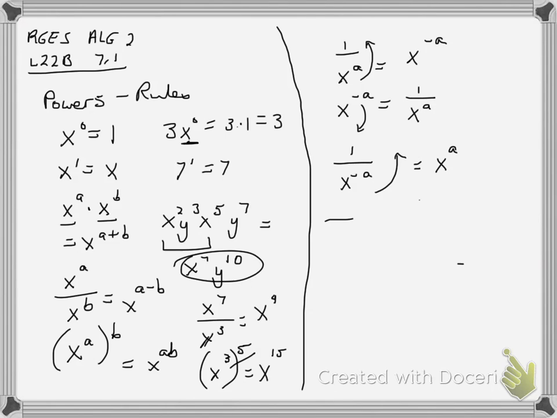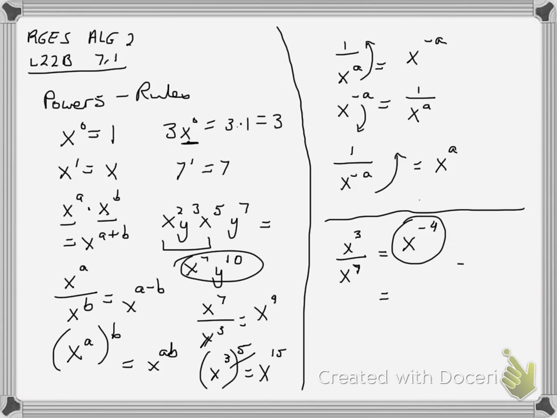Maybe illustrating just a couple more ideas as far as examples go. I said x to the 7th over x to the 3rd. What if I had x to the 3rd over x to the 7th? There's really two ways I can look at it based on the ideas above. I could take the numerator minus the denominator, which is negative 4, and that equals x to the negative 4 power.